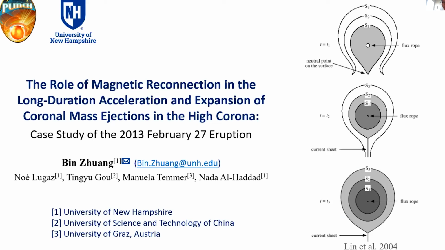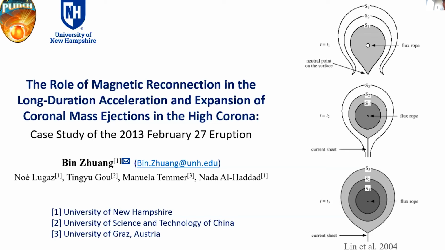Previously, when you search the CDAW website or catalog, you can find some fast CME events with speeds around a few hundred km per second. Those CMEs experience continuous acceleration, though the magnitude is not very large, but they are accelerated throughout the whole LASCO C2 and C3 field of view.